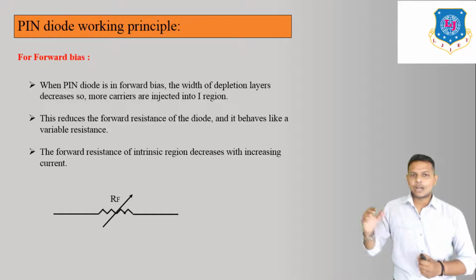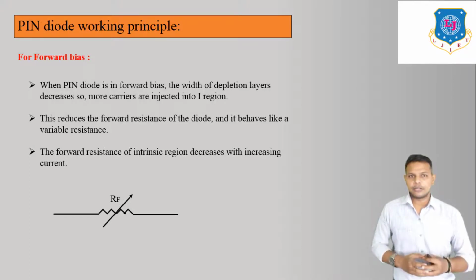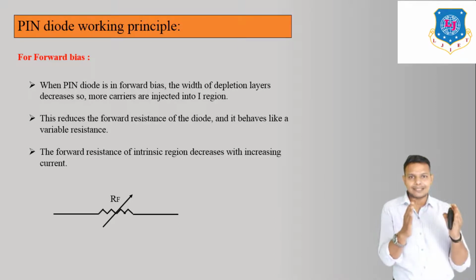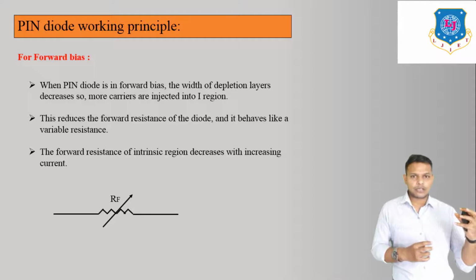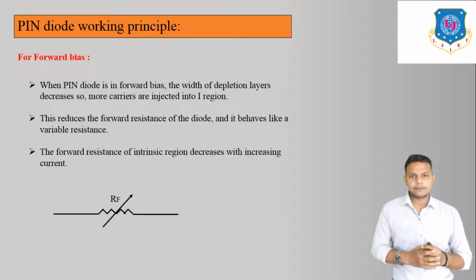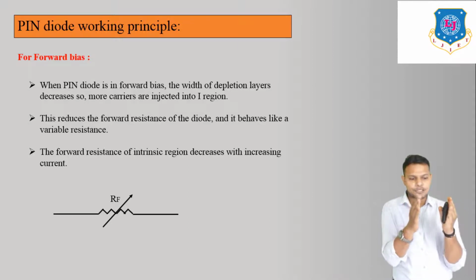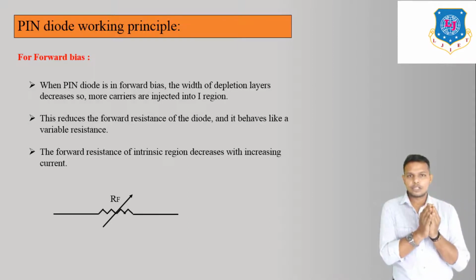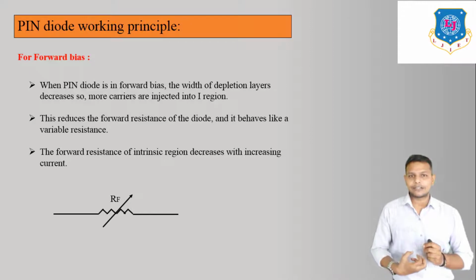When the PIN diode is in forward bias, the width of the depletion layers decreases. Obviously, if it is in forward bias, electrons flow from the N to the P side, so the width of the depletion region is reduced. So more carriers are injected into the I region.